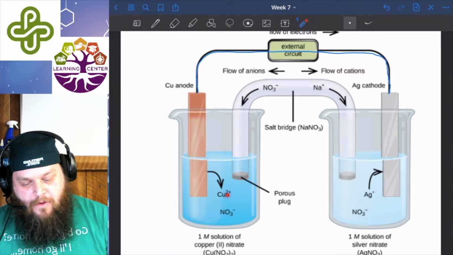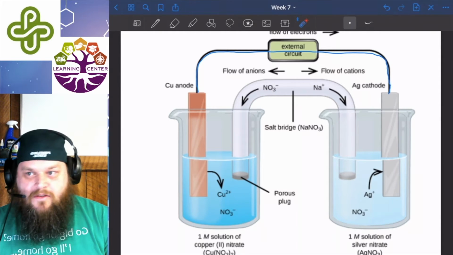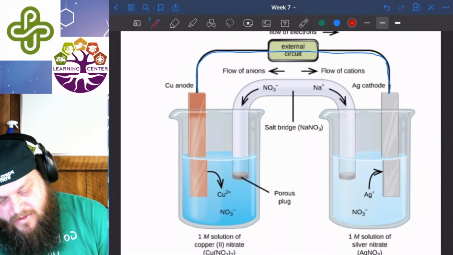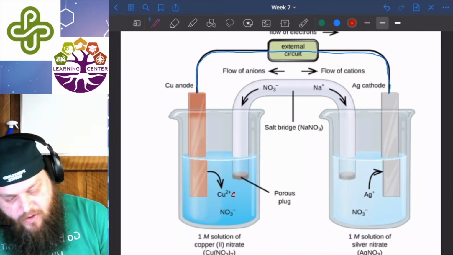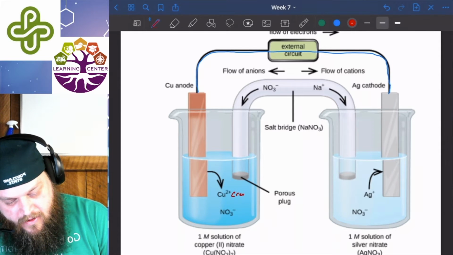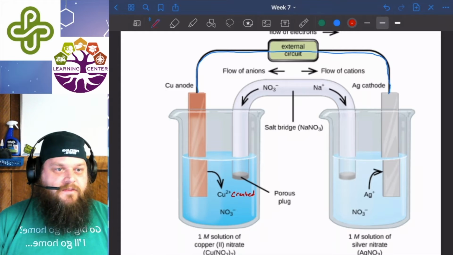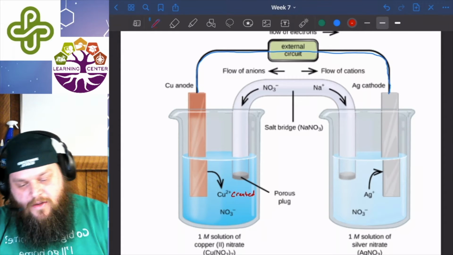And as they float around in there, more nitrates are going to come out of this solution. So I can start writing on here, this Cu2+ is created by that oxidation reaction on this side of the equation.